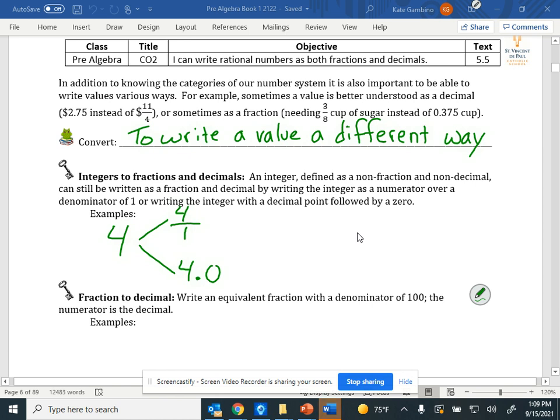Same thing for those negative integers. So if we have -9, we'd write it as -9/1 or a -9.0.